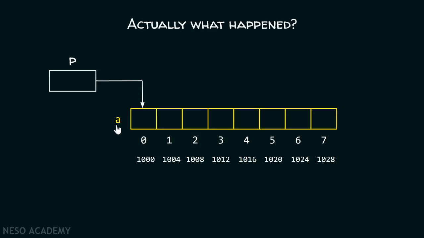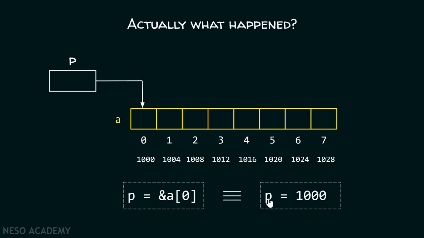If the base address of this array is 1000 and initially pointer P points to the first element of the array, it means that P will contain the base address, that is 1000.